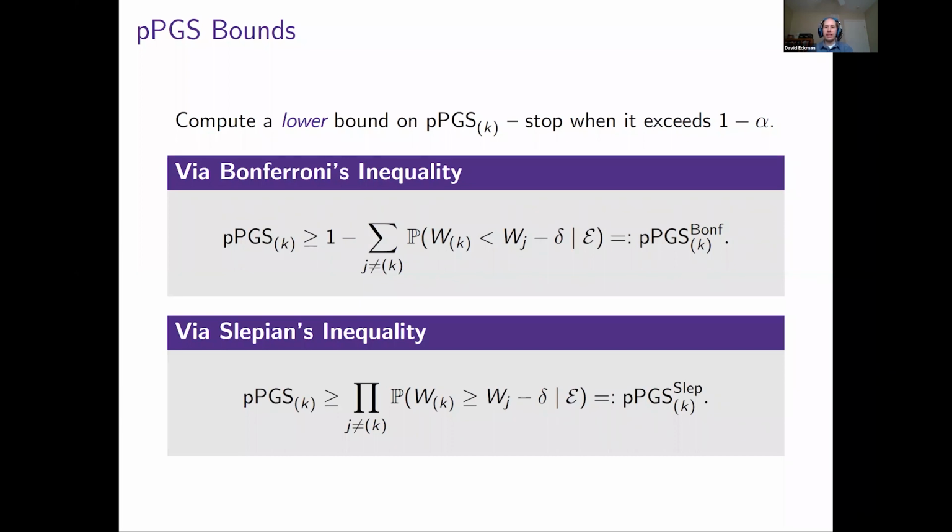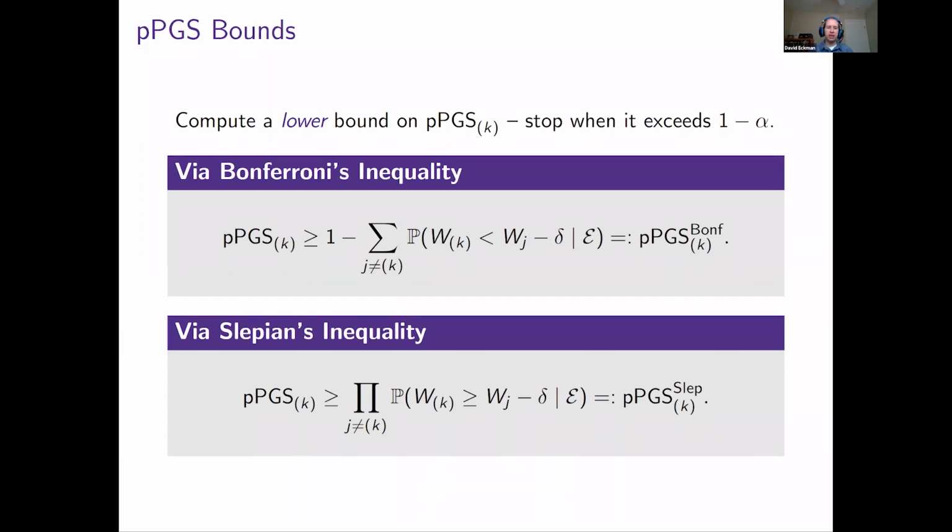To give examples then for this posterior PGS, you would typically be going until posterior PGS gets to be above 1 minus alpha, and then you terminate. So the bounding approach is to come up with a lower bound on posterior PGS and then stop when it crosses that threshold, which will be no sooner than if you had exactly computed the posterior quantity.